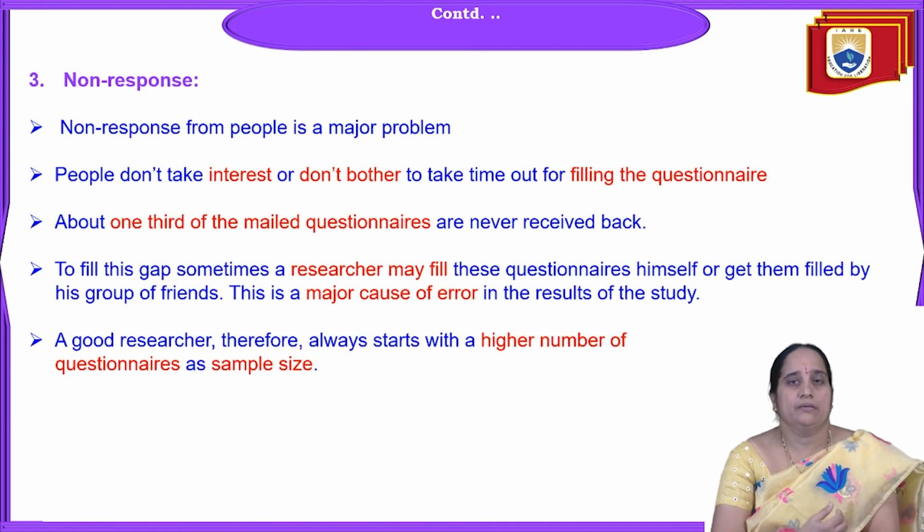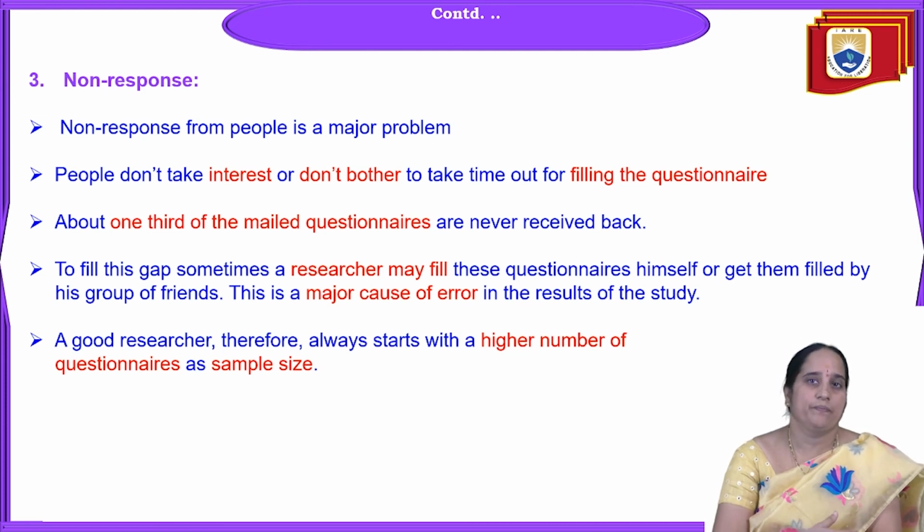Then the third source is non-response. Non-response from people is another major problem. People don't take interest or don't bother to take the time to fill in the questionnaire. We may see this in the case of mailing surveys.